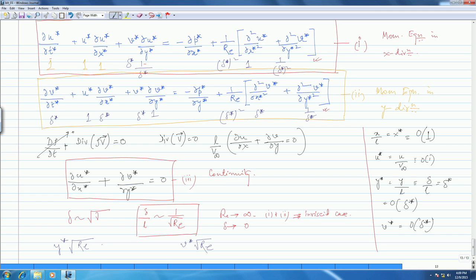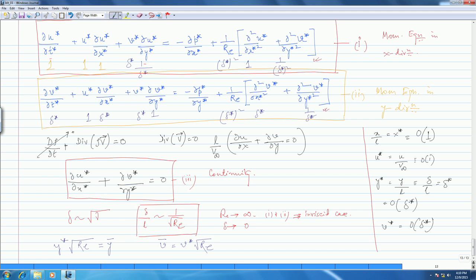And what I get here is y bar, and what I get here is v bar. Now if you see the order of y bar: y star is of order delta star, and the Reynolds number is 1 by delta star. So the order of y bar is 1, and similarly the order of v bar is also 1.